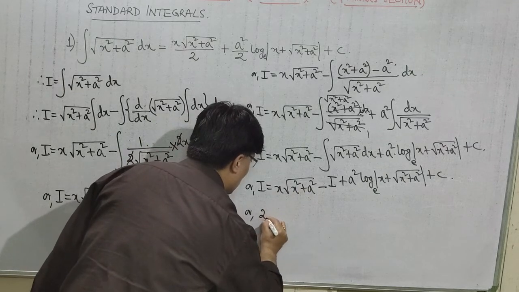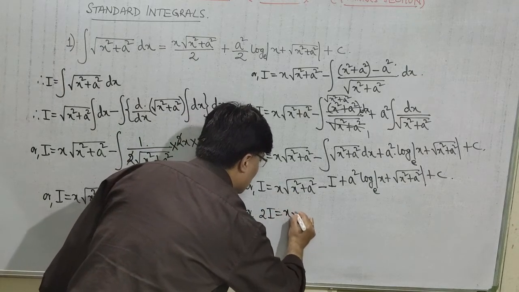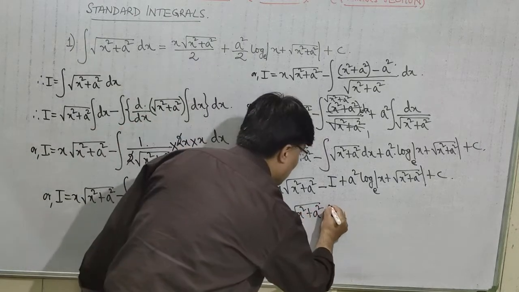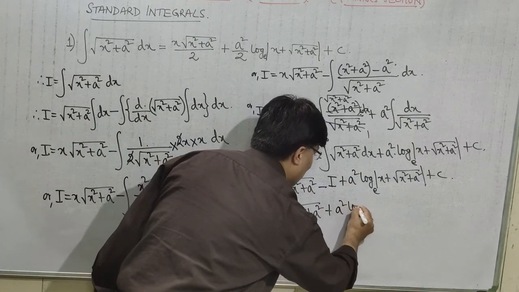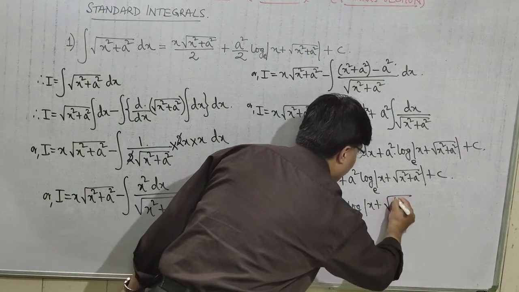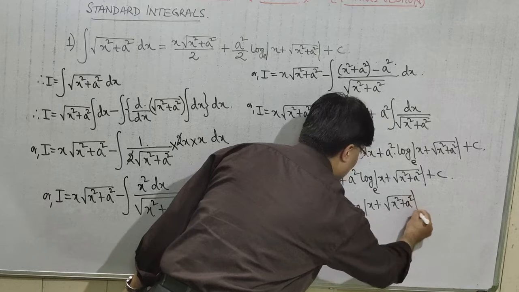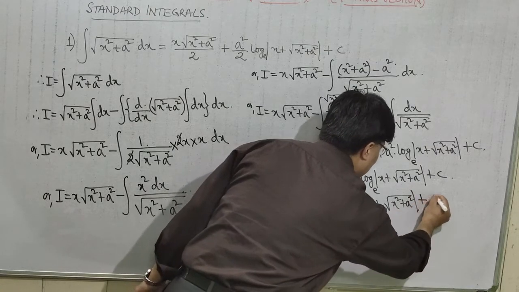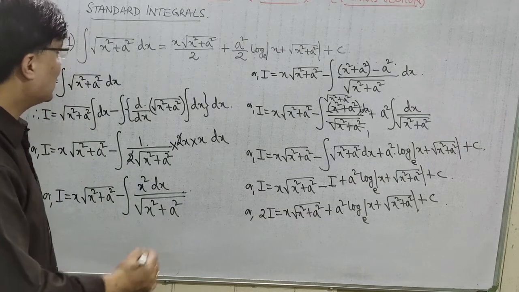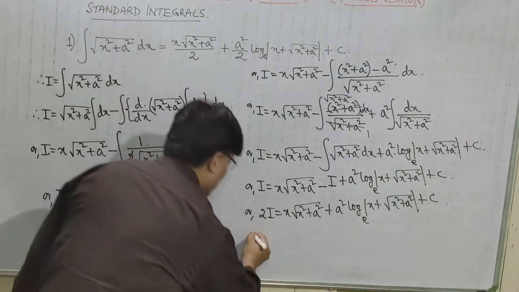I plus I is 2I is equal to x root over x square plus a square plus a square log of mod x plus root over x square plus a square, mod sign closed, the base is e. Then what do we write? Plus c.